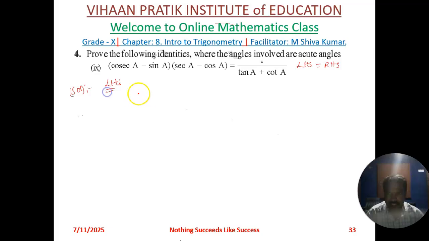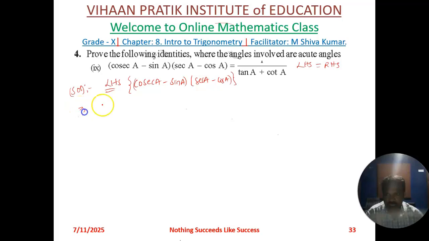We will take LHS. We write (cosecant A minus sin A) into (secant A minus cos A).